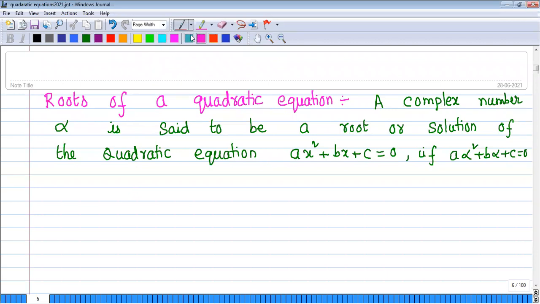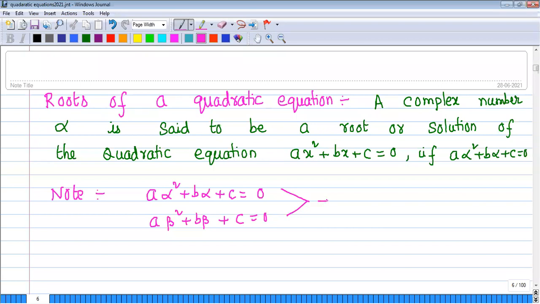And one more important note, write down here. Suppose a alpha² + b alpha + c = 0, and even a beta² + b beta + c = 0.